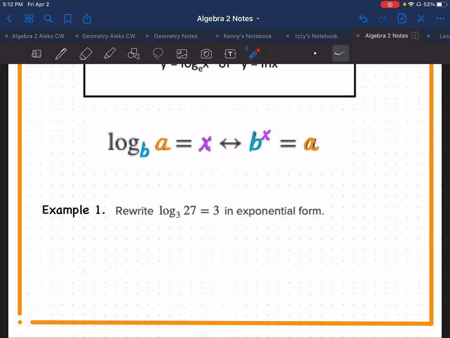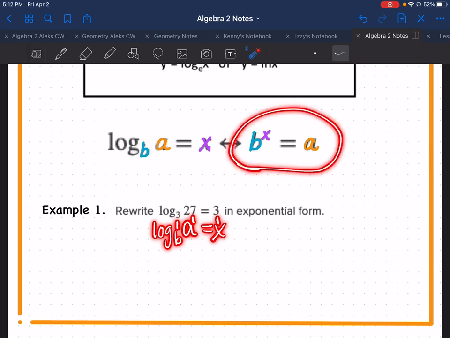So there's many ways that you could do this. You could start by writing log b a equals x, and then you could see that b is 3, a is 27, and x is 3, and then you could just go ahead and put them in this pattern.